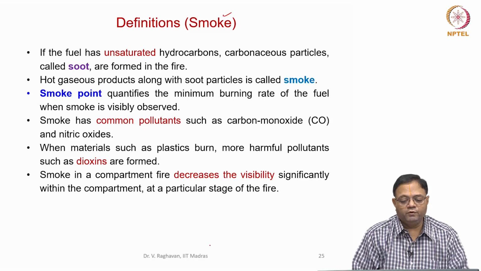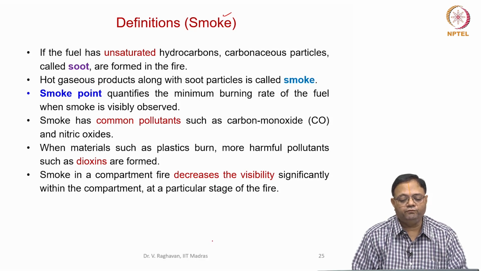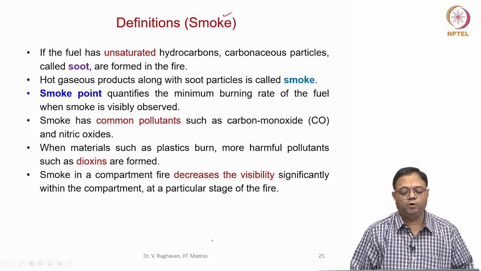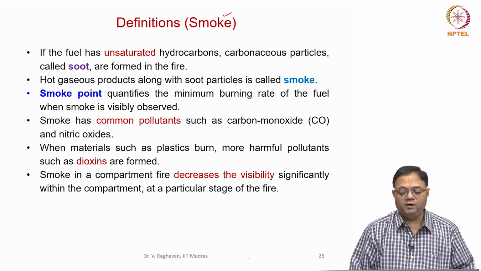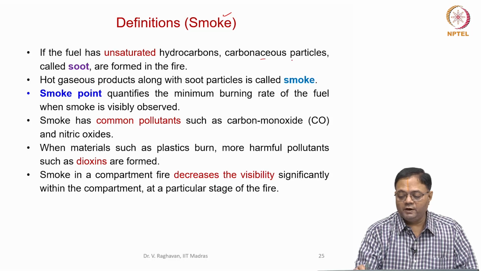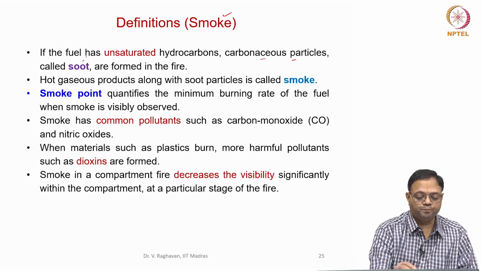So, here we have already seen that smoke is a combination of flue gases, that is the combustion products like CO, CO2, H2O etc., plus some carbonaceous particles such as soot.